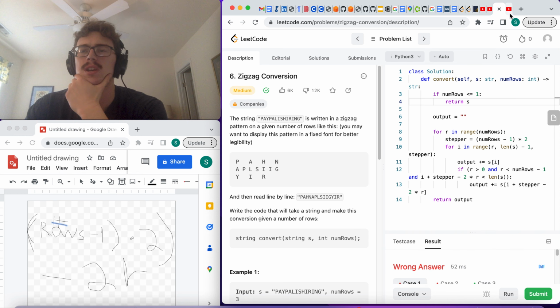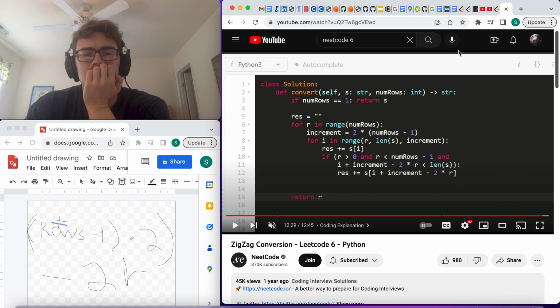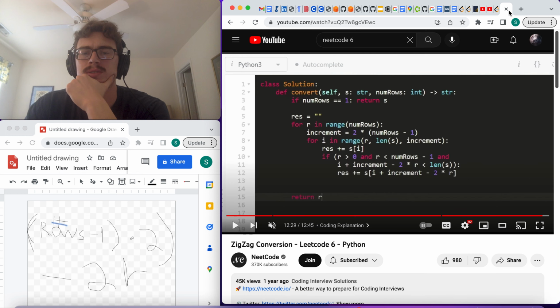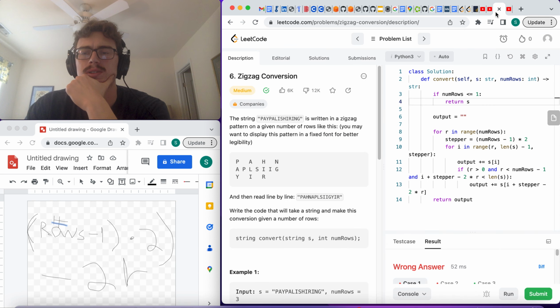Still missing that G. For R in range of rows, equals 2 times n minus 1. Oh.